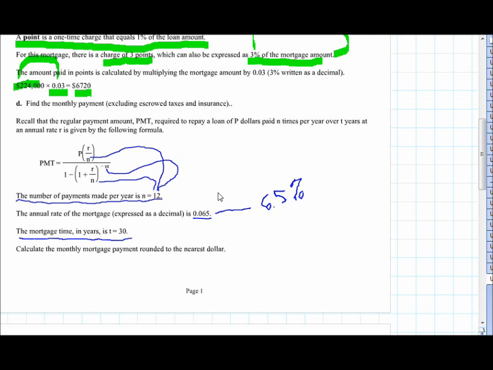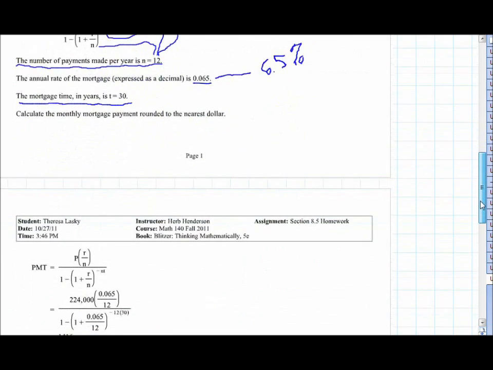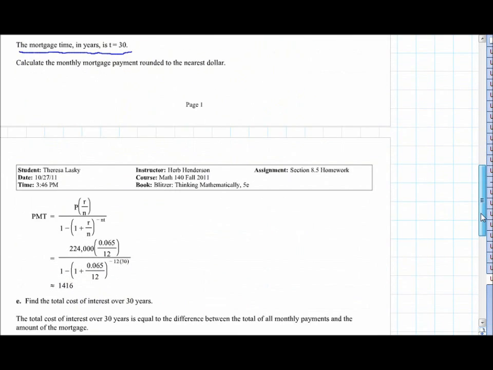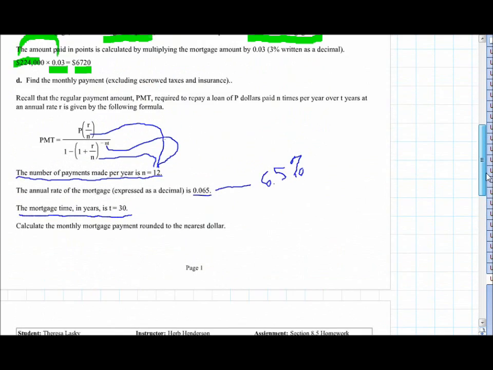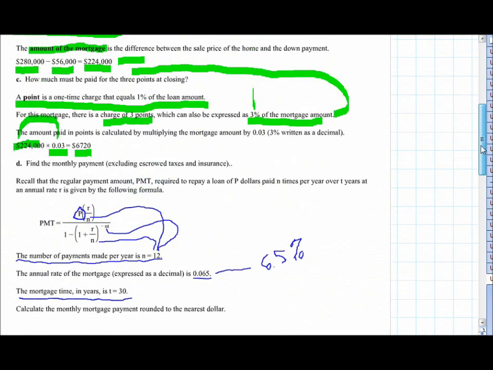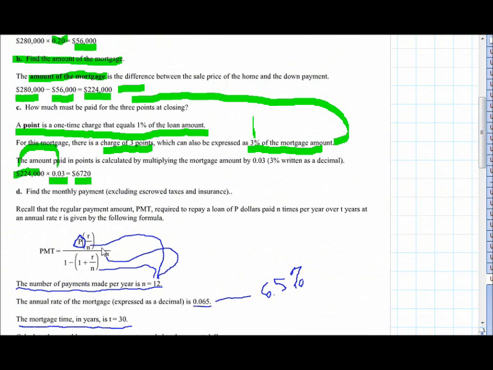All right, here we go. Now we're ready to get some stuff here. We still need one more thing. Here's our loan amount. So if you go back up here, we got that from this step right there.